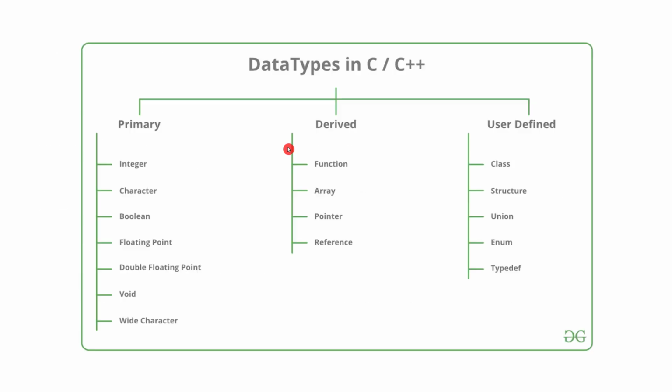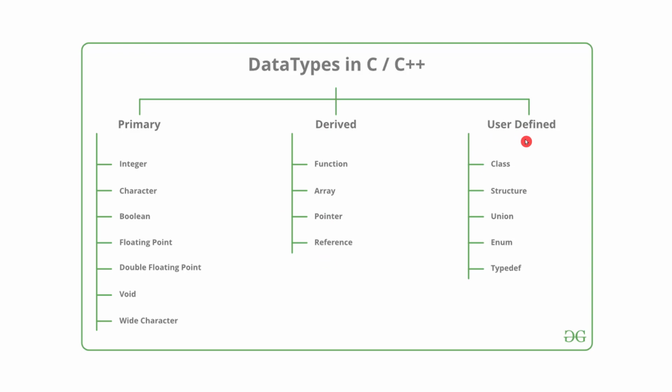We have already seen that data types in C++ include primary types, which comprise integer, character, boolean, floating point, double floating point, void, and wide character. In the case of derived types, we have function, array, pointer, and reference, which we'll be discussing today.